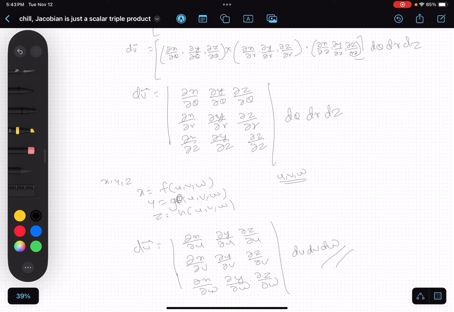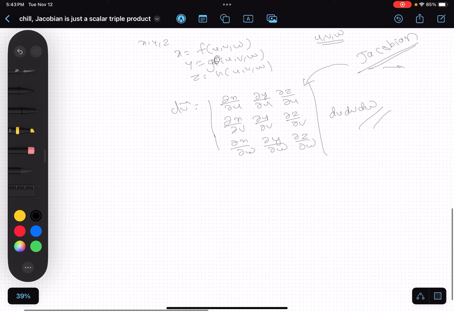So this holds true, and you see that this is the Jacobian in 3 dimensions. This is what we call the Jacobian in 3 dimensions, and this is usually written as dx dy dz equals partial of x y z with respect to partial of u v w times du dv dw. This is how the Jacobian is usually written, as a fraction, right?